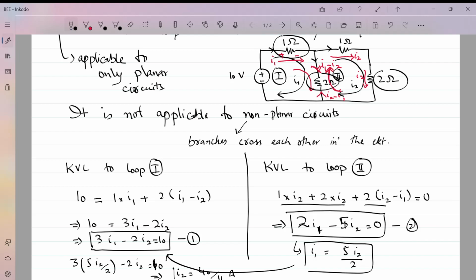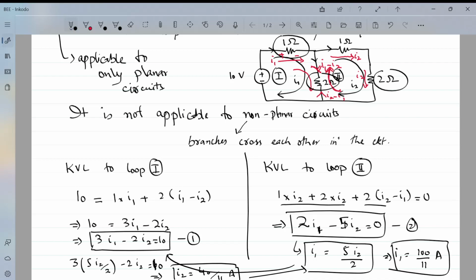So I2 we have got is equal to 20 by 11 amperes. Substituting that value back here, we get I1 is equal to 5 into 20 divided by 2, or you can say 50 by 11 amperes.